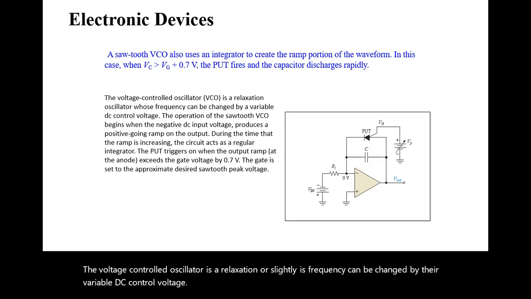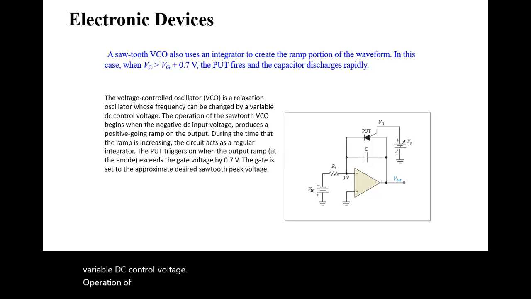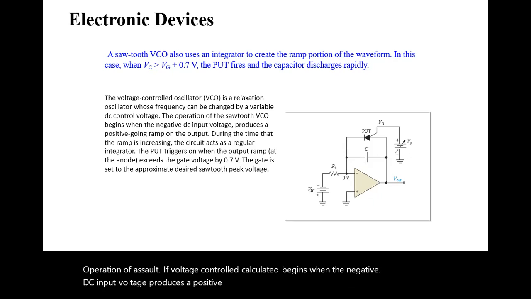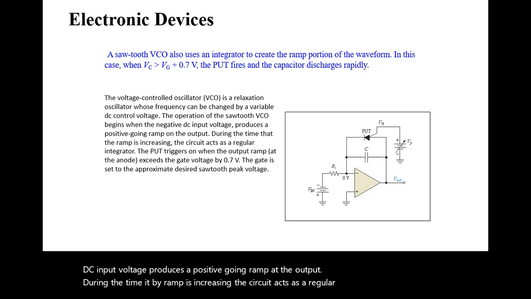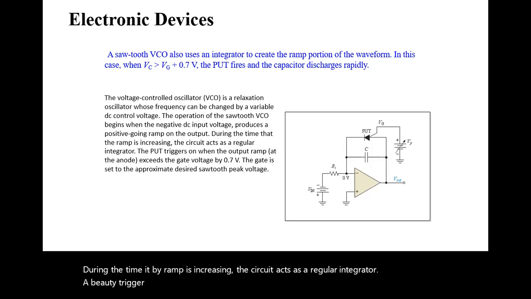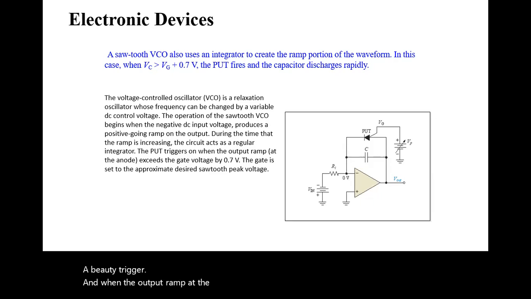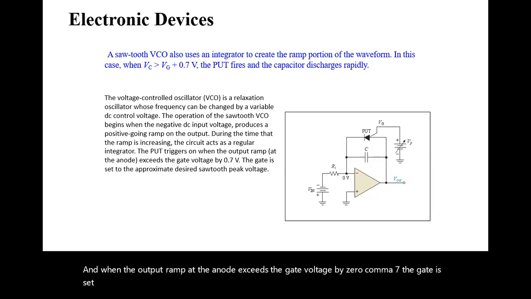Operation begins when the negative DC input voltage produces a positive going ramp at the output. During the time that the ramp is increasing, the circuit acts as a regular integrator. The PUT triggers when the output ramp at the anode exceeds the gate voltage by 0.7, and the gate is set to approximate the desired sawtooth peak voltage.